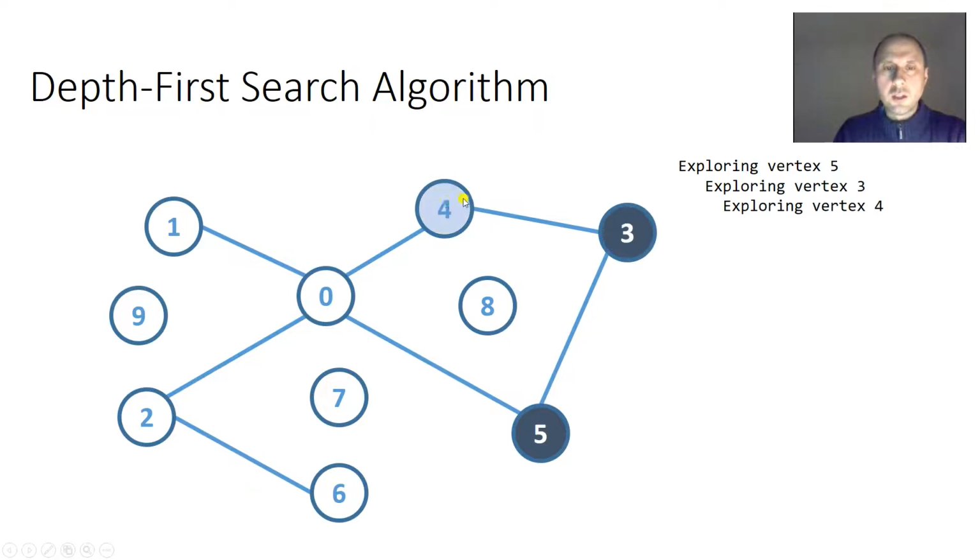vertex 4. From vertex 4, it will also progress to vertex 0, and here we have a vertex with two neighbors, vertex 1 and vertex 2. It follows its first neighbor.